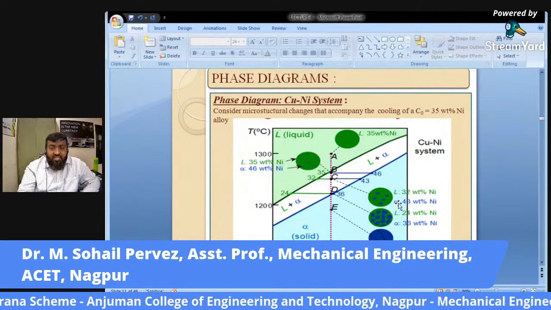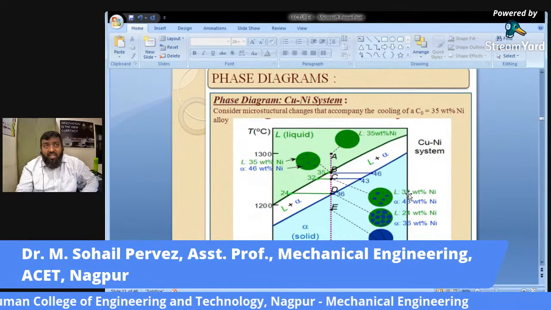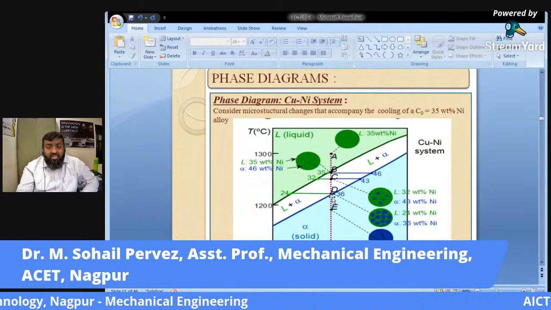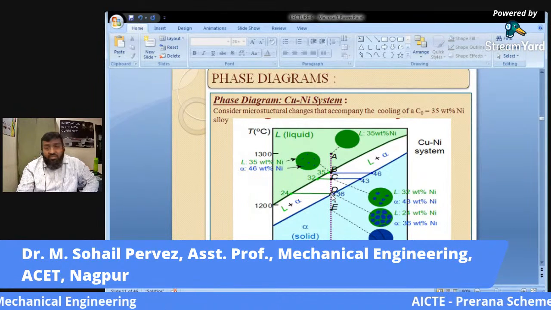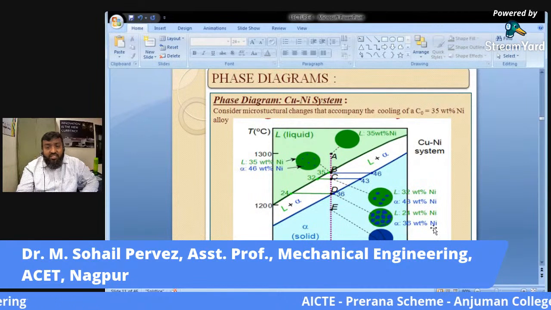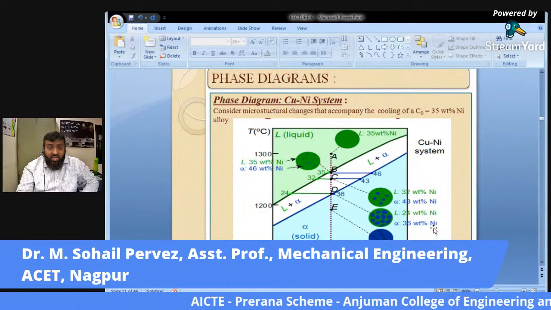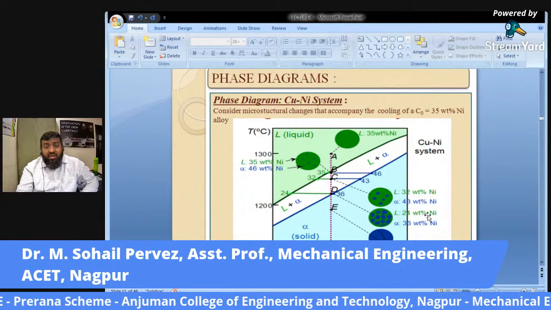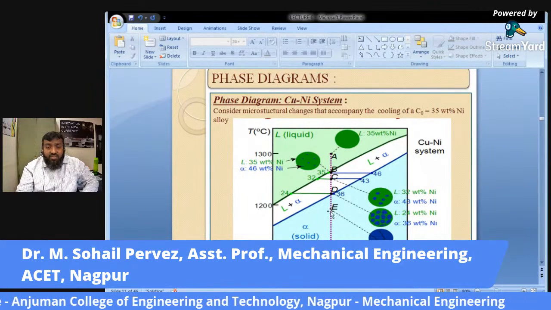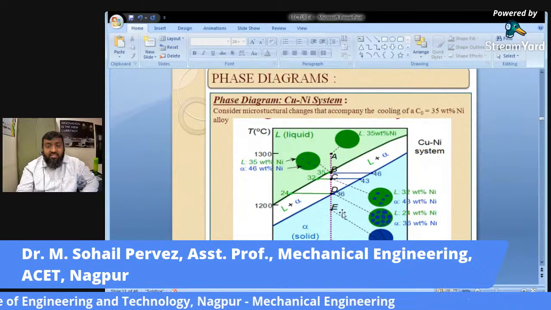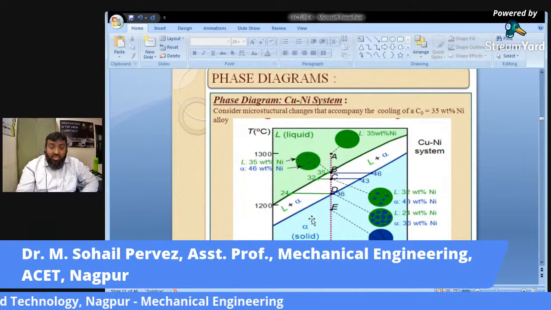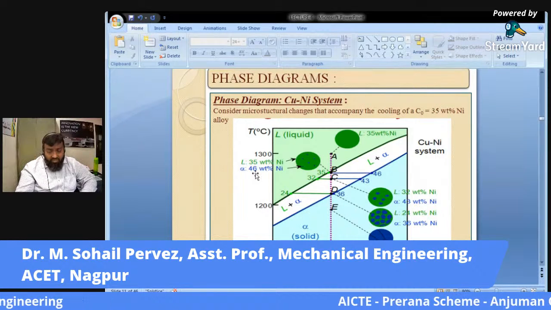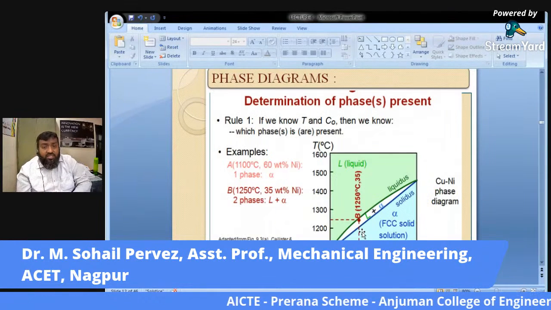So in this case the liquidus phase would be 32% and this is 43%. Again, on the solidus line, that is point D, 36% by weight of Ni in solidus phase, whereas 24% by weight on liquidus line. And the last one, point E, this is the solid phase. So this particular temperature composition curve will be helpful in solving a number of numericals.